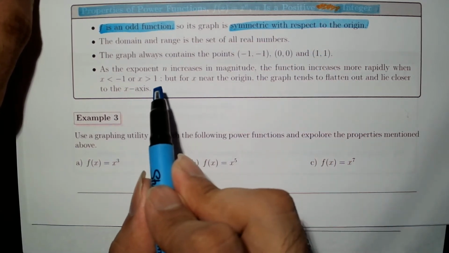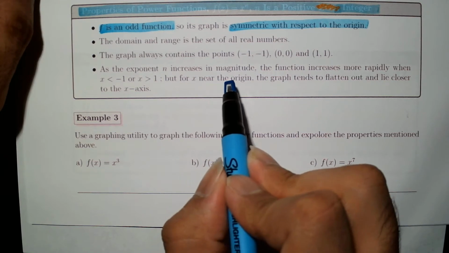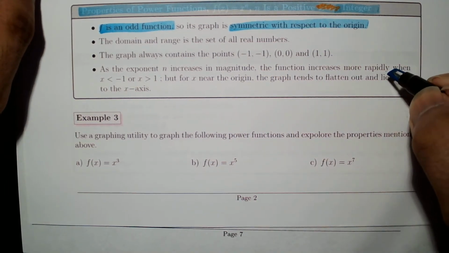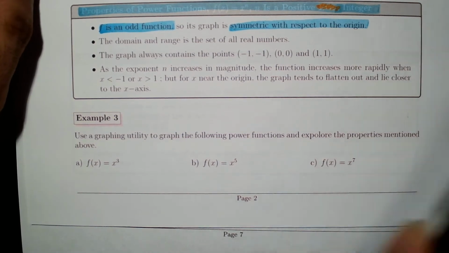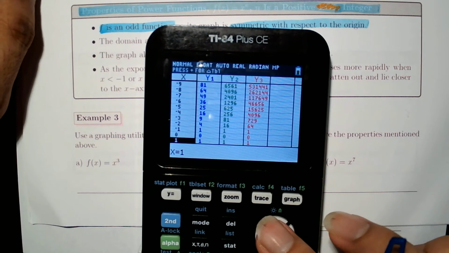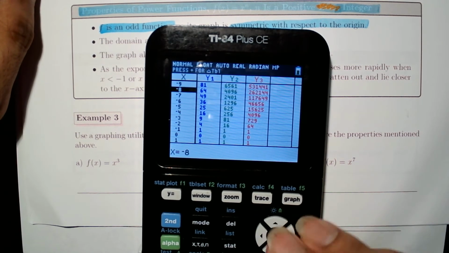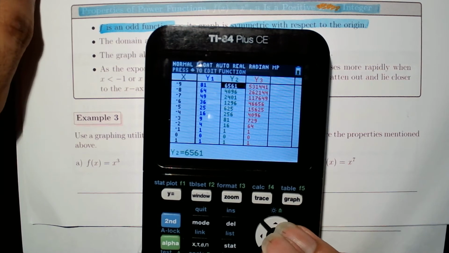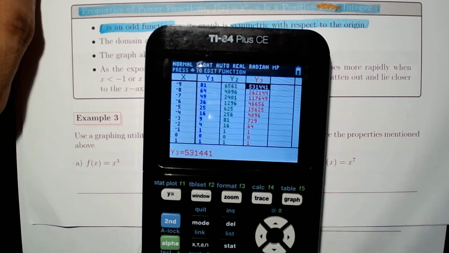And as the exponent n increases in magnitude, the function increases more rapidly. You could see that in the previous example, how the numbers became bigger and bigger. For x squared, (-9) squared is 81, but (-9) to the 4th, look how big this number is. (-9) to the 6th power, look how big that number is.